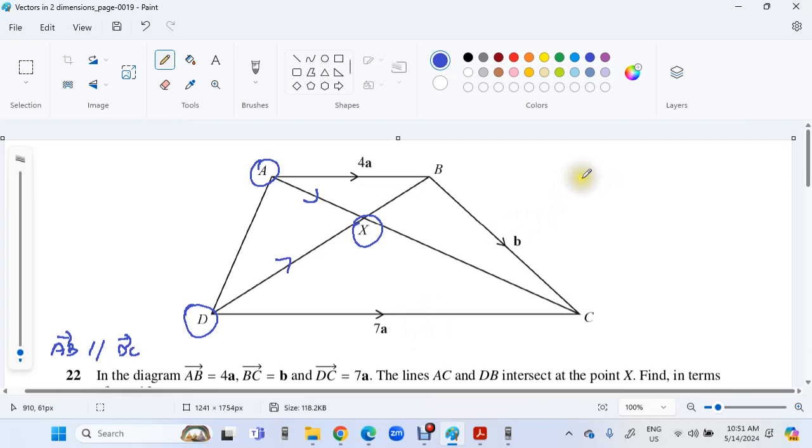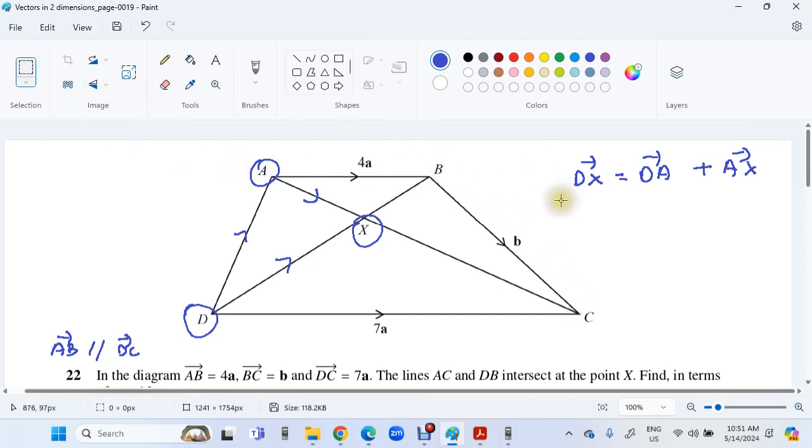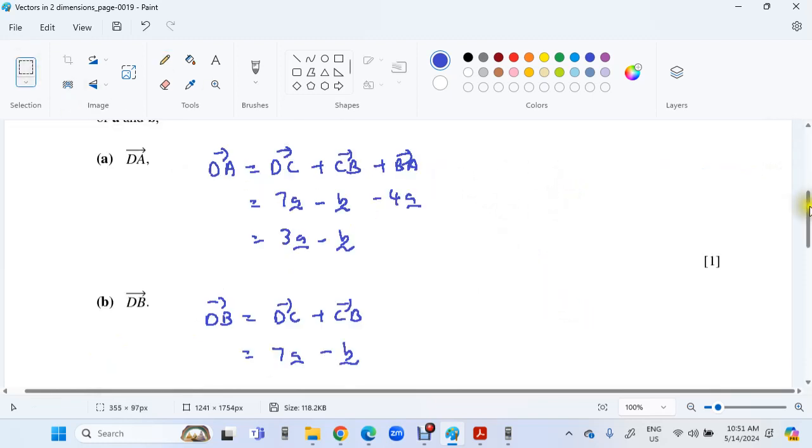So we know that DX is actually DA plus AX. We don't have DA, but we can find DA using DC plus CB plus BA, which we have done in part A already.